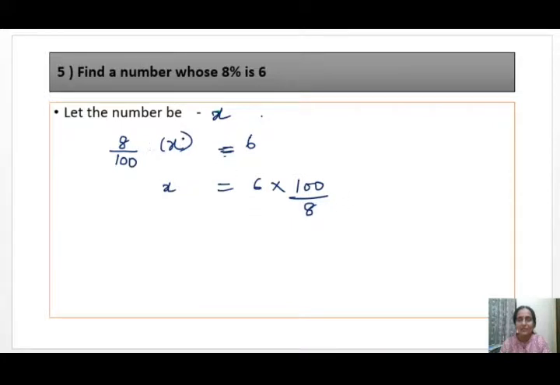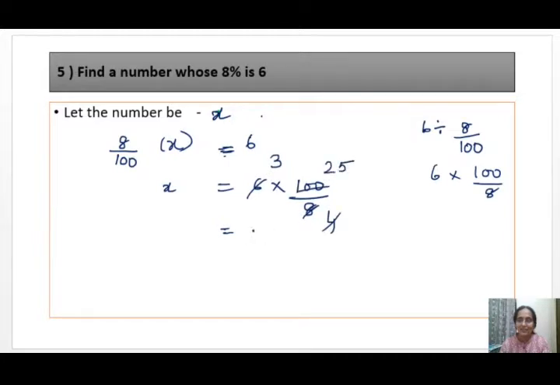Now while transposing to find the unknown quantity x, you have to transpose 8 by 100 to the right side. While transposing, 8 will become the denominator and the numerator will be 100. According to the rule, it is 6 divided by 8 by 100, right? Now 6 into 100 by 8. 2 threes are 6, 2 fours are 8, 25.